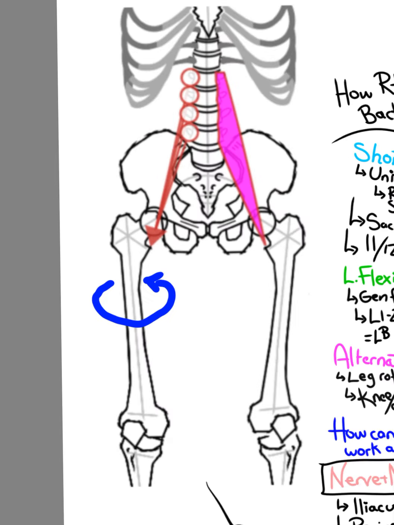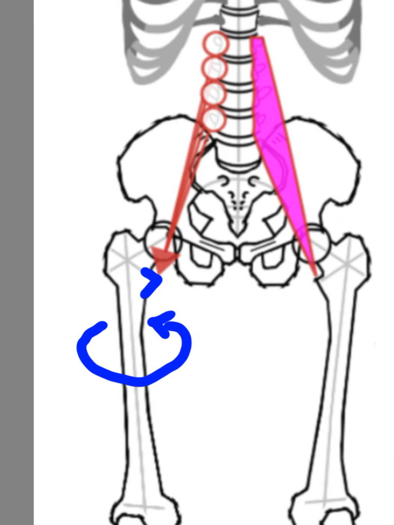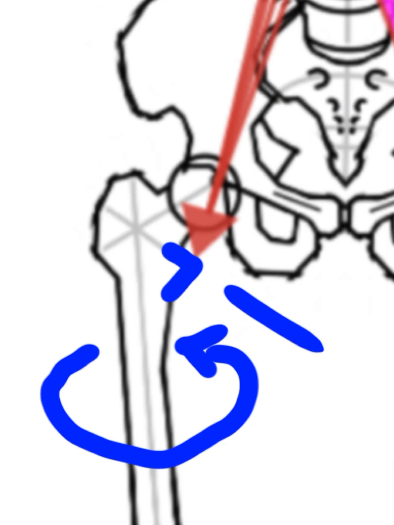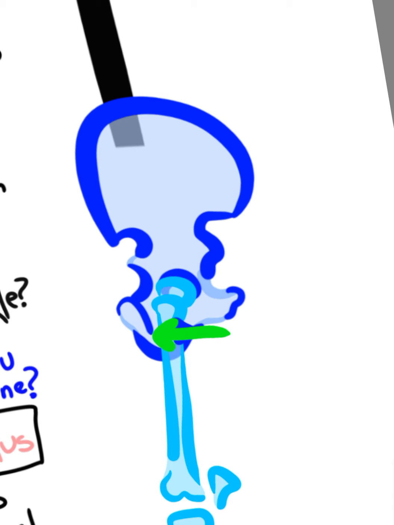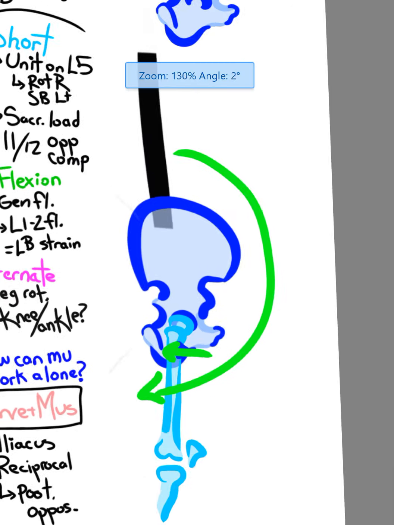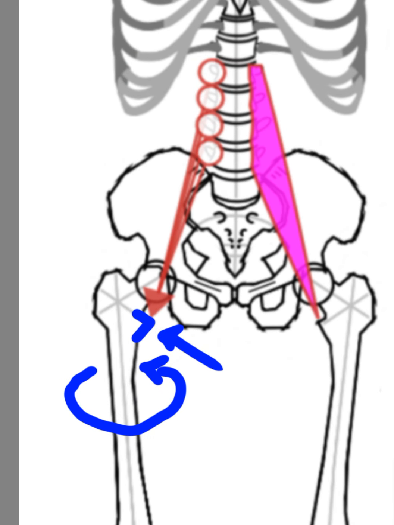If the lower attachment point here is the lesser trochanter, and we bring it backwards, we bring it back deeper in. So if we're looking at it again from the side, if the lesser trochanter is about here, it essentially gets translated backwards like this, lengthening that psoas muscle. It goes a little bit further. It's a little bit longer than it should be. That means this psoas is basically being pulled straight down.